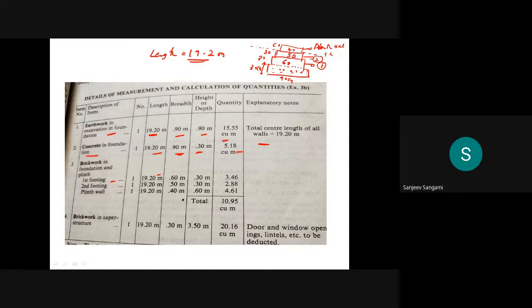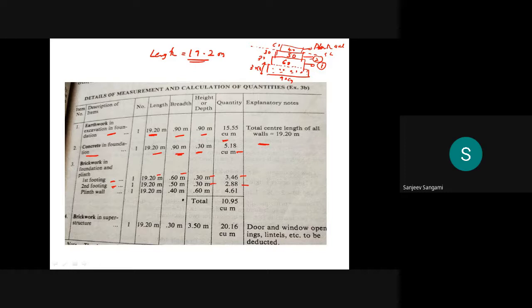So then 19.2, 0.6, 0.3. So we got multiplied 3.46, and for the second footing it is 19.2 is the length, it will remain the same. 0.5, it is 50 centimeters breadth and the 30 centimeter height. So we'll get total 2.88.